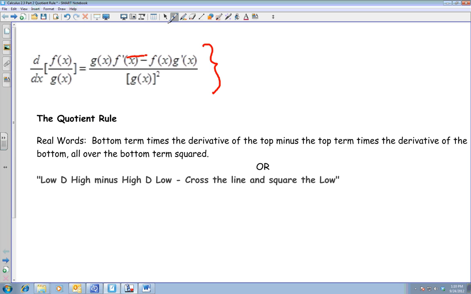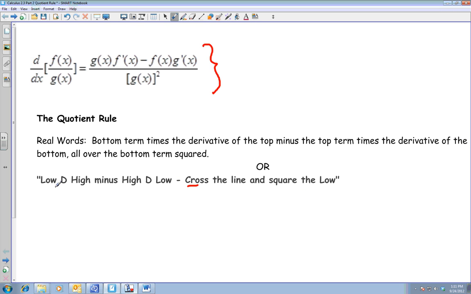So this is what it would look like in your book. Okay, that's what it's going to look like in your book. Here's what it would mean in real words. Bottom term times the derivative of the top minus the top term times the derivative of the bottom all over the bottom term squared. Or sometimes you'll hear this: low d high minus high d low, cross the line and square the low.